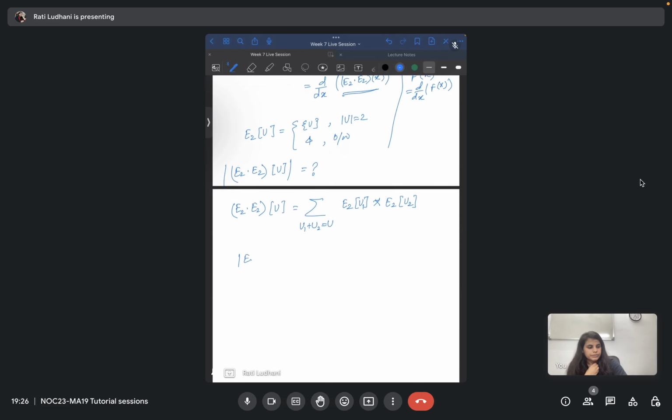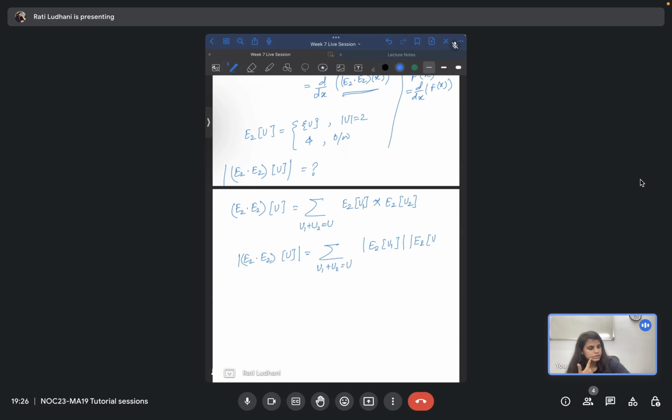Yeah, okay, very good. So you are concerned for the cardinality, so you'll take sum over u1 plus u2 equal to u, and you take e2 u1, and there's a cross. Okay, it's fine.